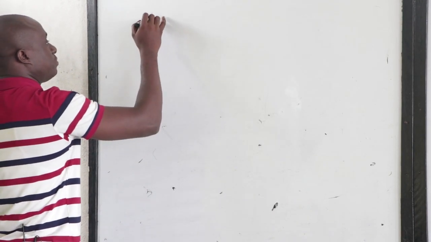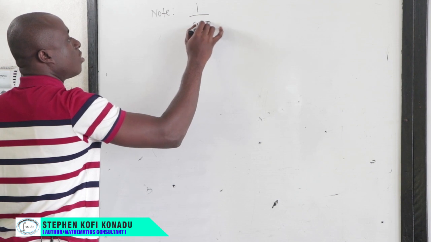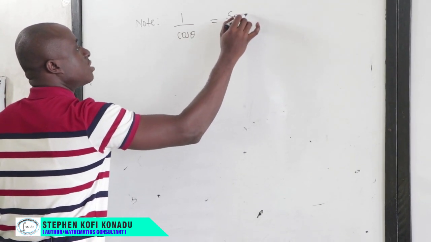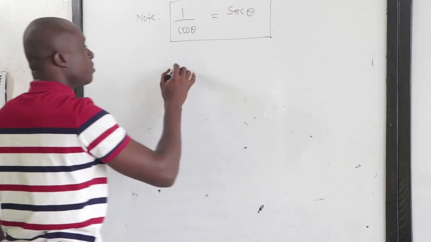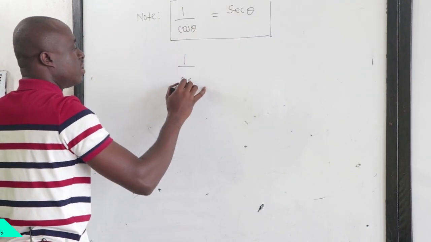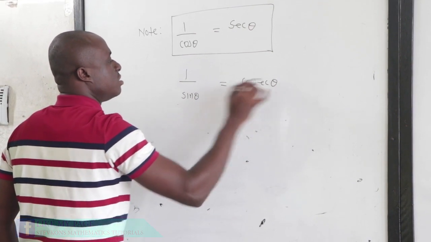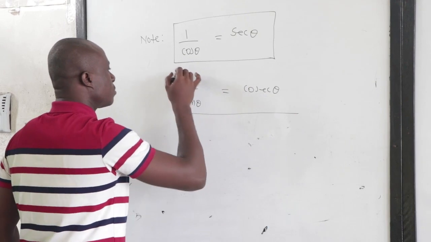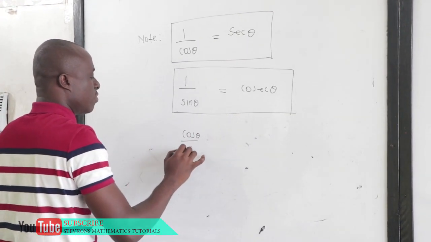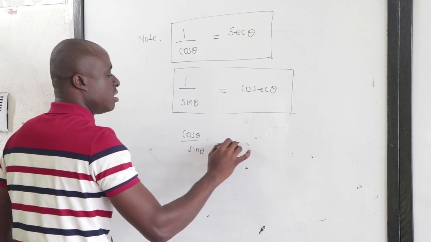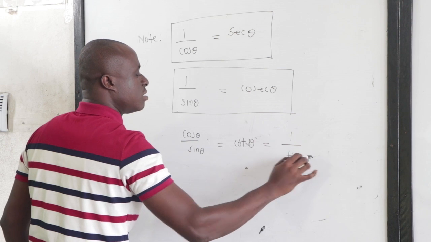If you have 1 over cos theta, this is equal to sec theta. And if you have 1 over sine theta, this is the same as cosec theta. If you have cos theta over sine theta, this is the same as cot theta, and this is the same as 1 over tan theta.